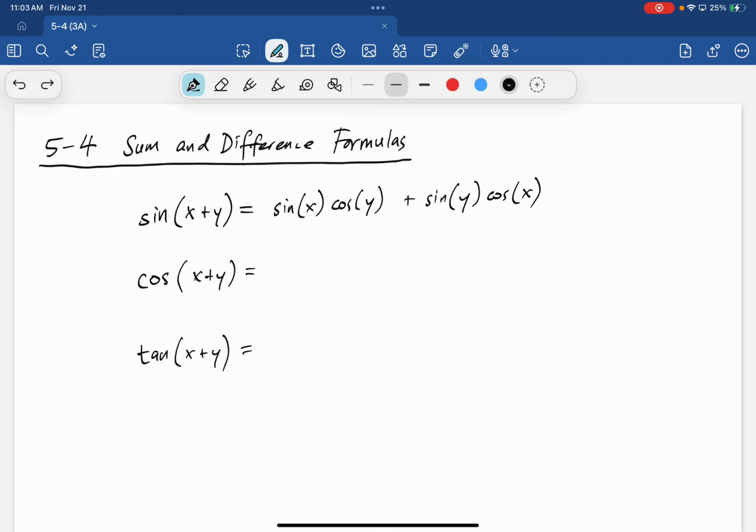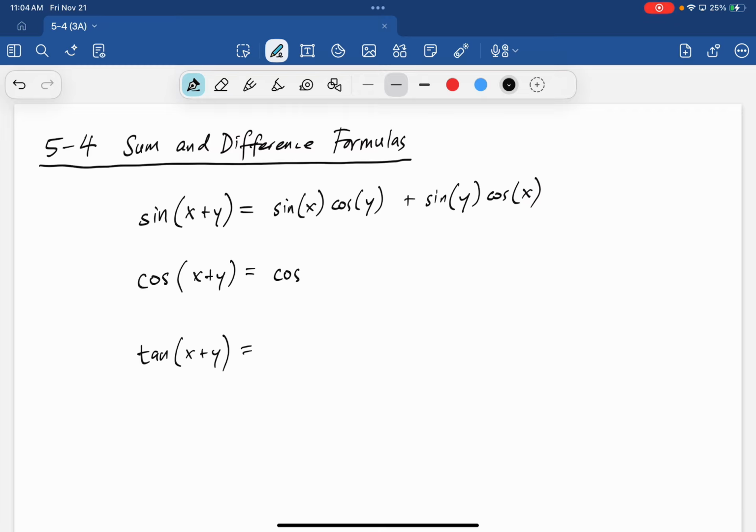So the y belongs to the sine, and the cosine has the x. Okay, so memorize that. Write it down 10 times or something. Make some flashcards.